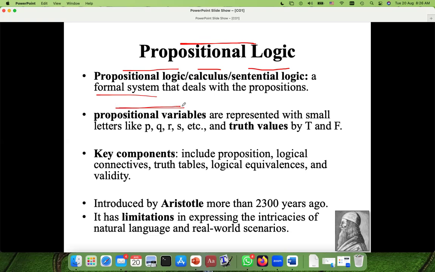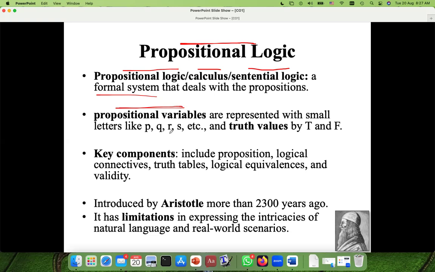So what are propositional variables? If you have an English sentence, you can represent that English sentence with variables. And variables are what? Like A, B, C, D. You can give them any name using these letters.